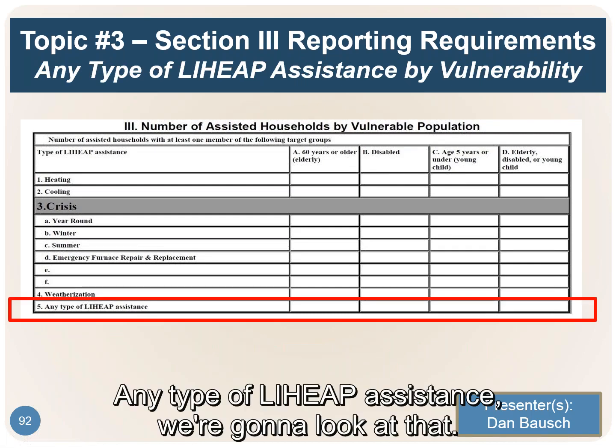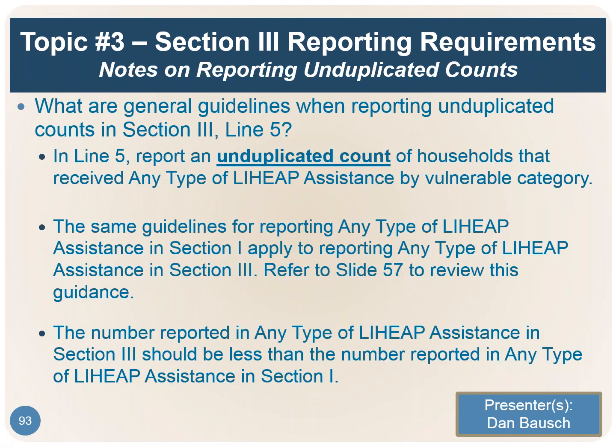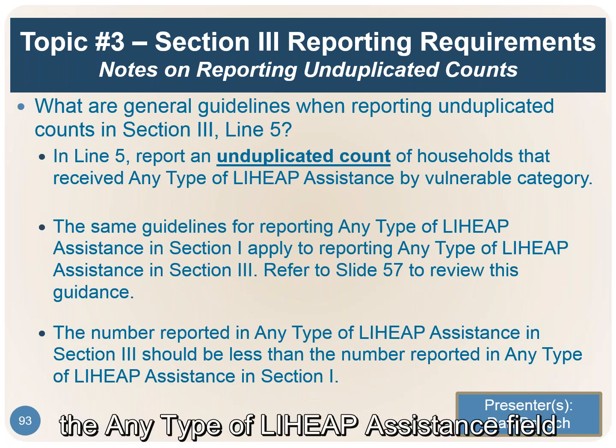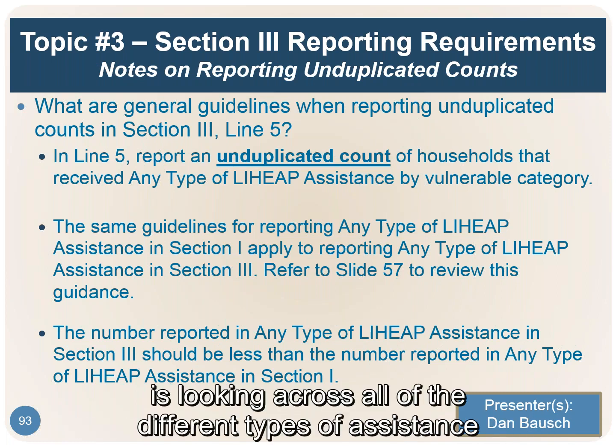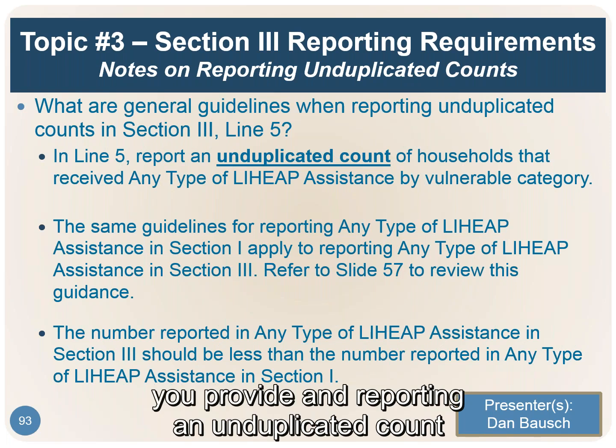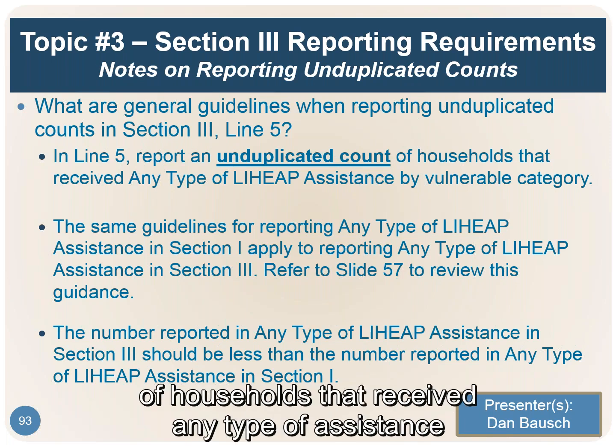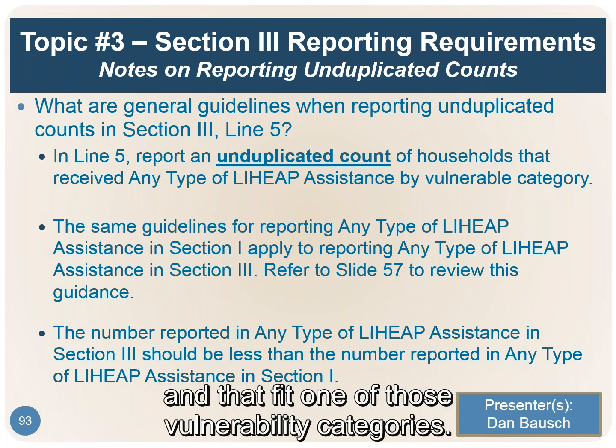Any type of LIHEAP assistance, we're going to look at that. Just as in Section 1, the any type of LIHEAP assistance field is looking across all of the different types of assistance you provide and reporting an unduplicated count of households that received any type of assistance and that fit one of those vulnerability categories.